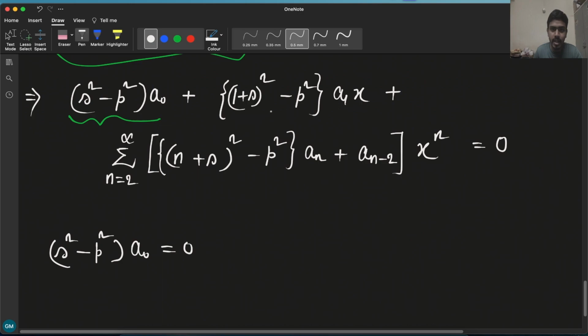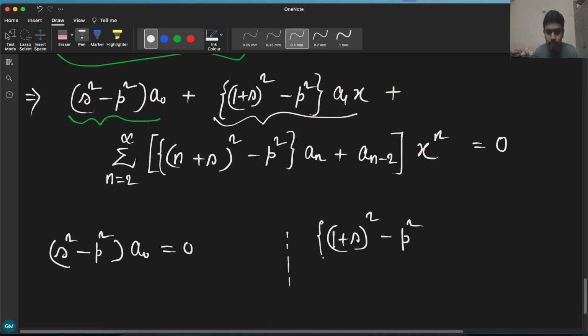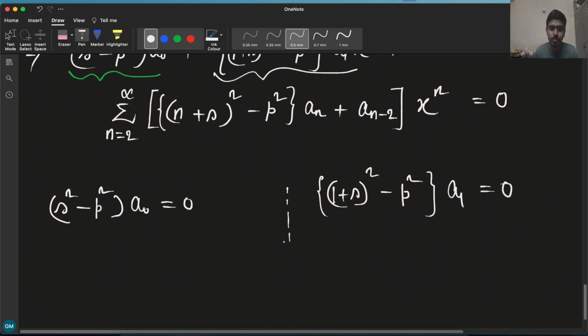And if I take the coefficient of x and make it 0, in that case I will get 1 plus s square minus p square times a1 equals to 0.